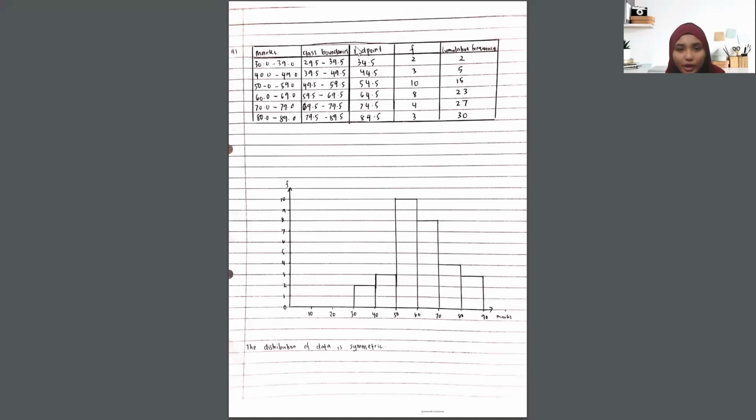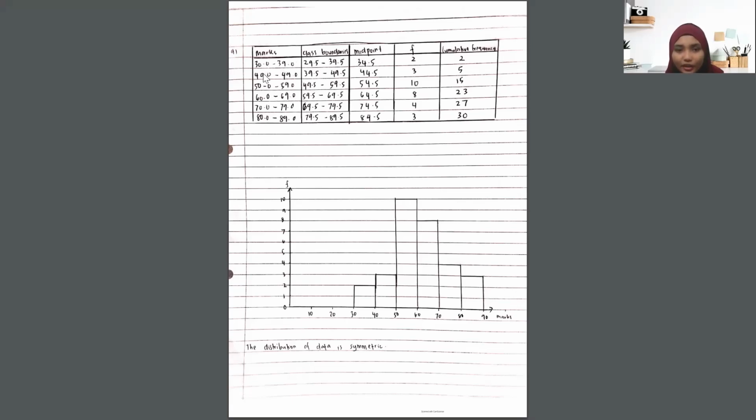Okay, for the midpoint, to find the value, we need to subtract 30.0, the lower class limit of the first class, from 39.0, the upper class limit of the first class. 39.0 minus 30.0, and then we divide by 2, and we will get 34.5.